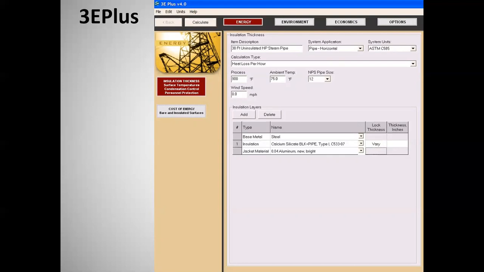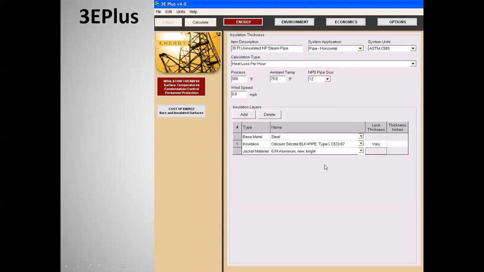In this case, calcium silicate is a very common insulation for high temperature steam pipes, so that's why this is called up. And the calcium silicate would always have to have a jacket. You can put aluminum, canvas, aluminum bright, shiny, and new, or aluminum dull and tarnished. It's got lots of options. I'll show you live here in just a little bit.